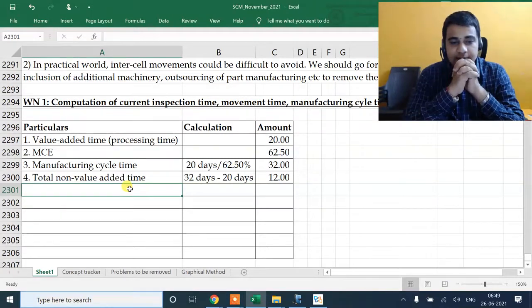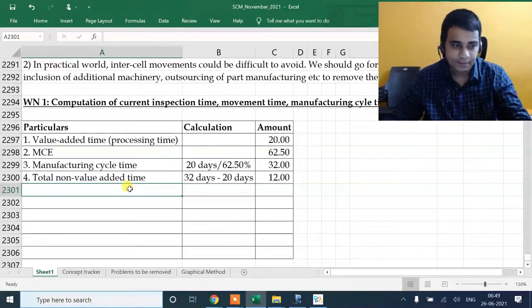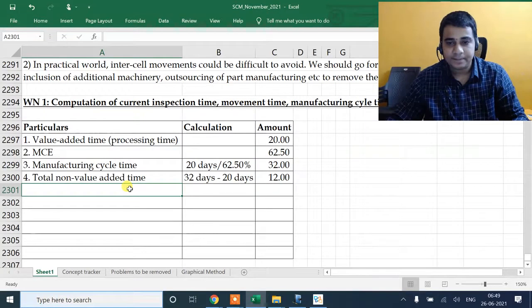Your cycle time is 32 days, and in that, non-value added time is 12 days.